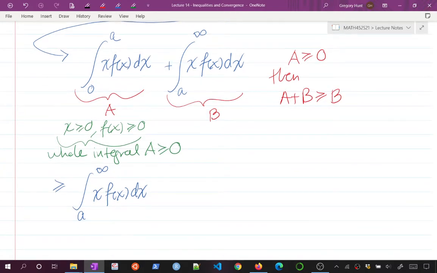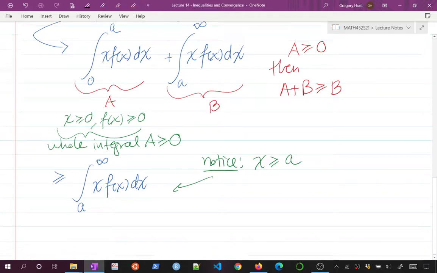Notice here that we're integrating from a to infinity. And so notice that in this integral, x is always bigger than or equal to a, because we integrate from a to infinity.